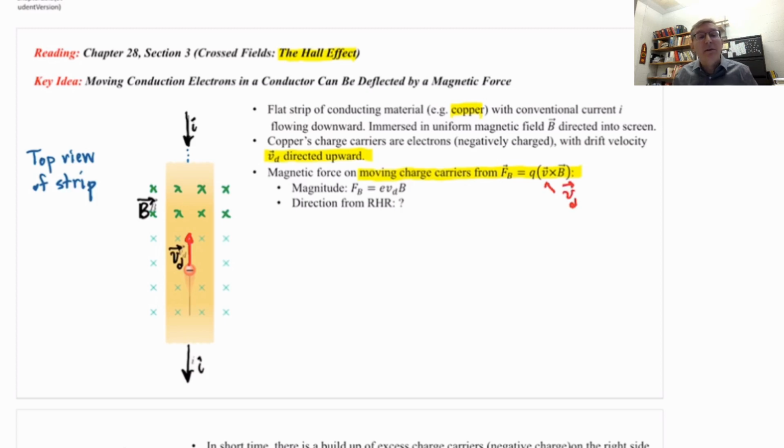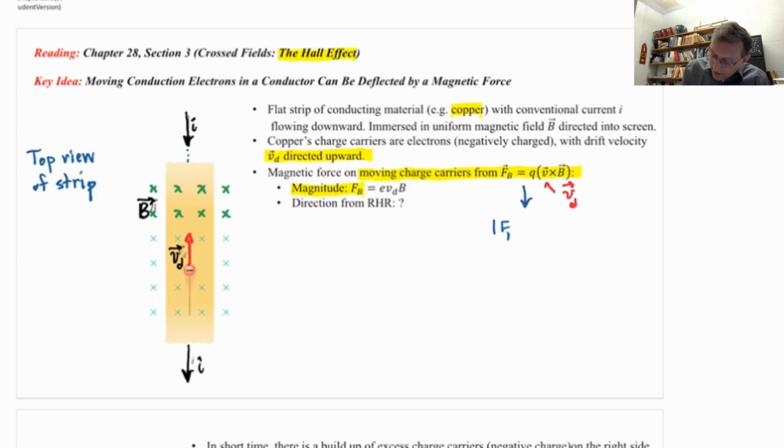So I want us to figure out all that we can about this magnetic force on these conduction electrons. And let's just think of the example one that you see in the picture. First, let's figure out the magnitude of the magnetic force on a conduction electron. For that, you need to remember what we learned about vector products.